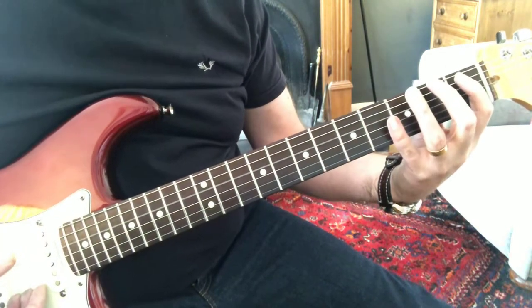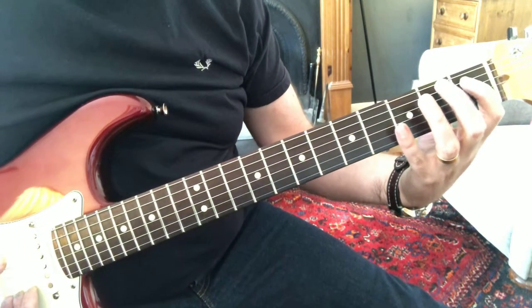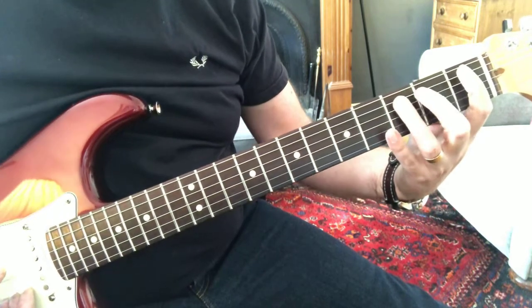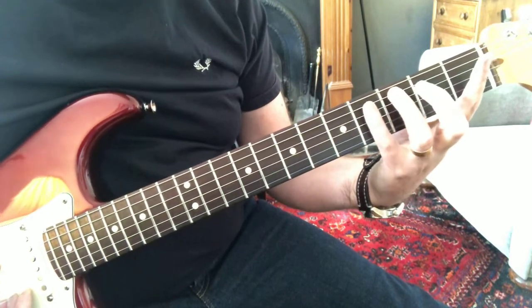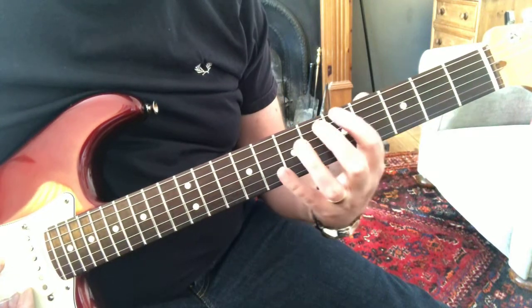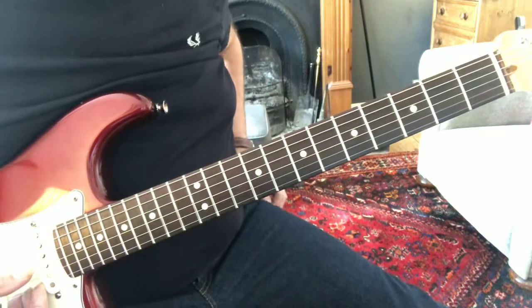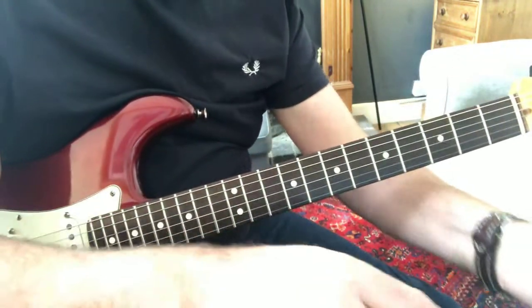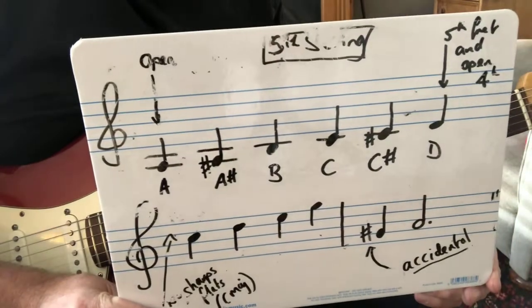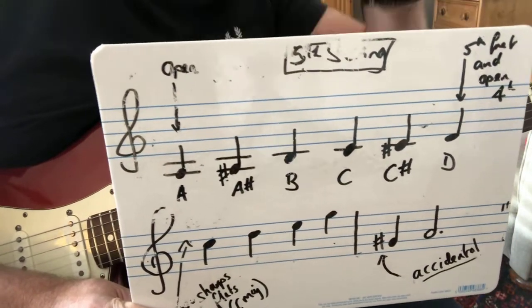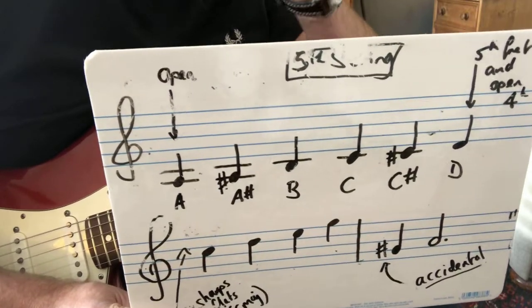So again, A, first fret, A sharp, second fret, B, third fret, C, fourth fret, C sharp, and fifth fret, D, or open fourth. So that's the A string, and the notes on the A string, or the fifth string, are there. So actually that string only incorporates notes which are below the main stave.